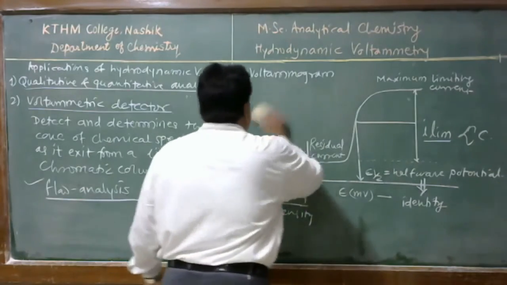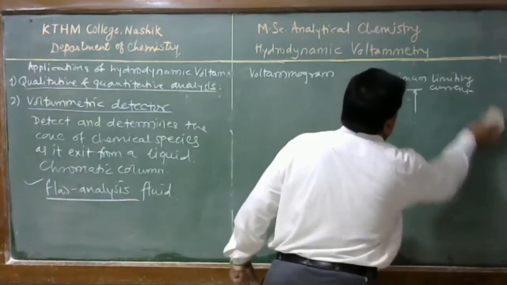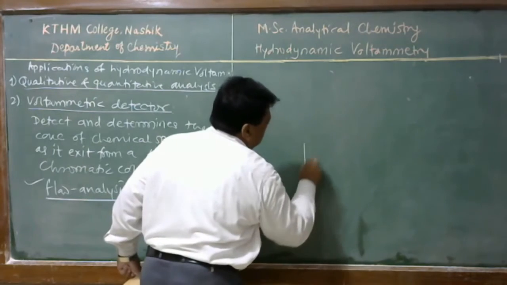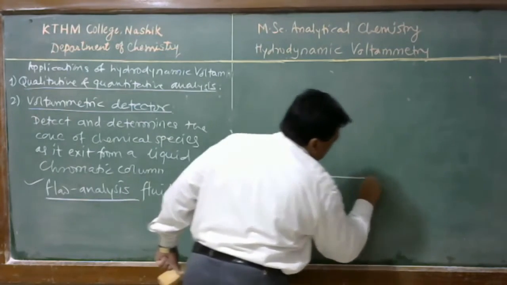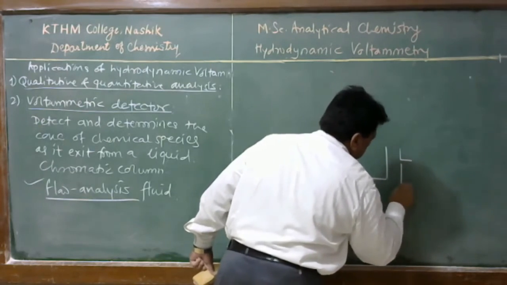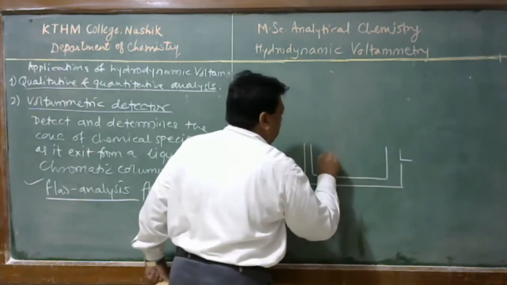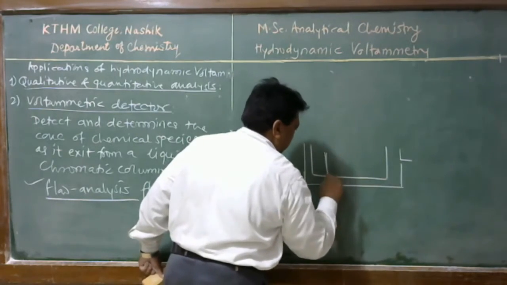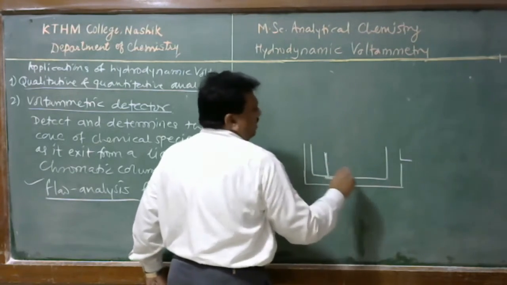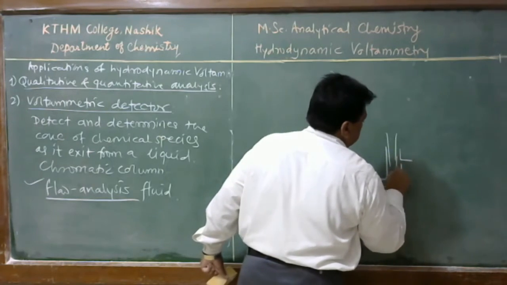Now this arrangement, or this detector, is like this. In this case there is a small tube whose volume is very small. In this small tube, a working electrode is mounted in this fashion, and here a reference electrode is placed.